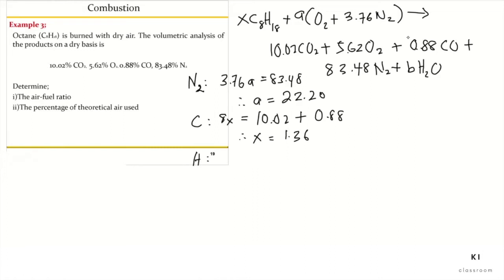We go to H, with the same approach. Therefore B is equal to 12.24. The last one is oxygen.